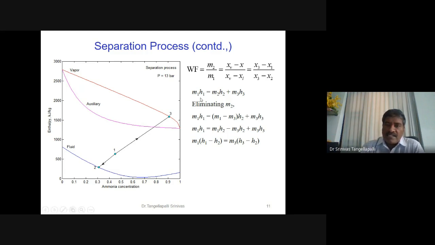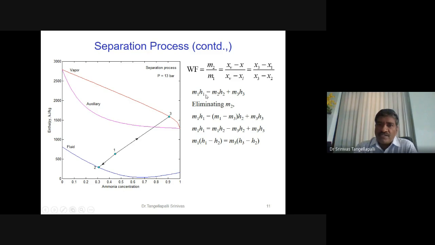See here, the energy balance is M1 H1 equal to M2 H2 plus M3 H3. That means the total energy before separation is equal to the total energy after separation. After eliminating M2 or M3, what will you get here?